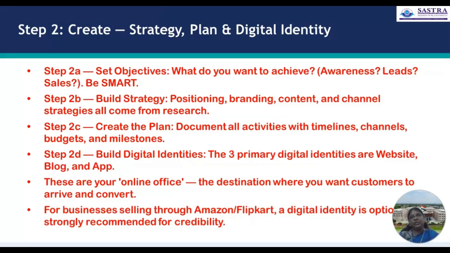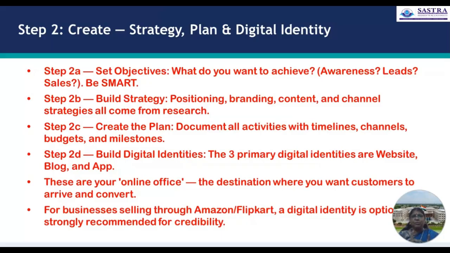Finally, the fourth element of step two is building your primary digital identity. The primary digital identity is either through your website or through your blog or through your apps. Think of all these as your online office, your shop or a showroom.